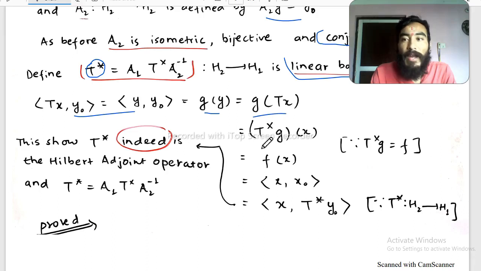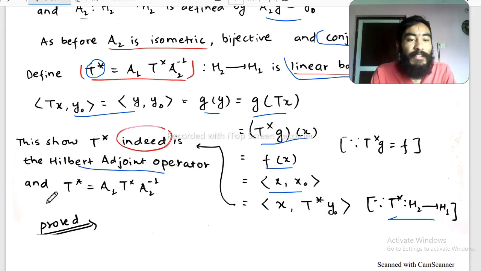From the adjoint operator this is T cross g of x, which equals f of x. From the Riesz representation we have x naught, and x naught equals T star y naught, because T star is defined from S2 to S1. This shows the inner product of Tx and y naught is the inner product of x and T star y naught. From the definition, T star is indeed the Hilbert adjoint operator.